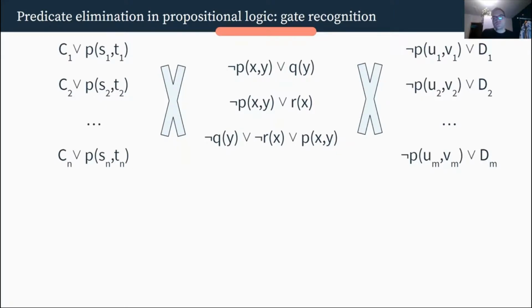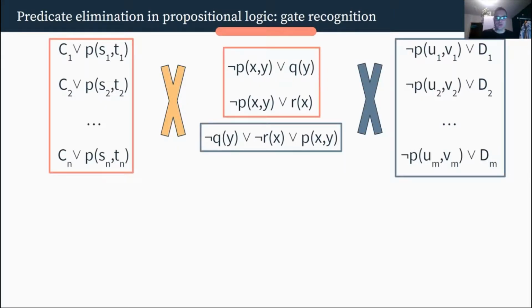So we just need to compute a certain subset of resolutions, but there's something interesting here. This singularity requirement, that the predicate that we want to eliminate occurs only once, is true only for the gate.